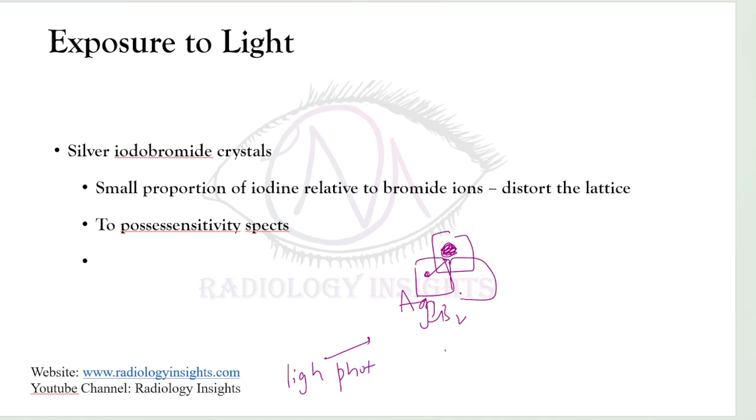These accumulated electrons attract mobile silver ions from within the crystal to join them, and they are neutralized. They form a submicroscopic speck of silver metal on the surface of the crystal.